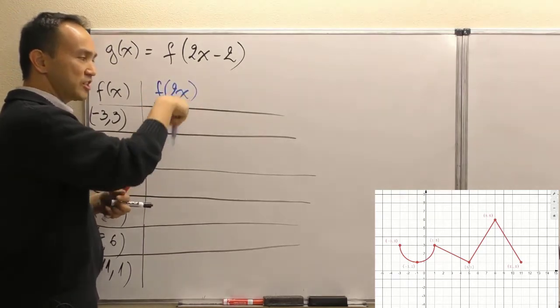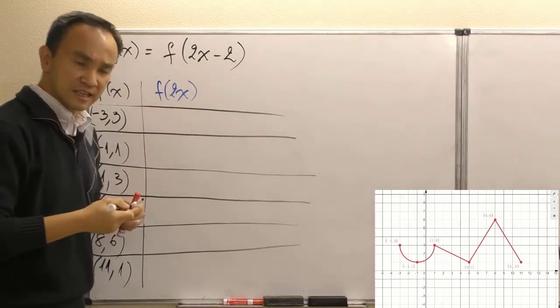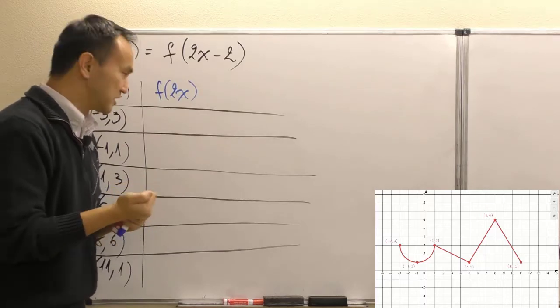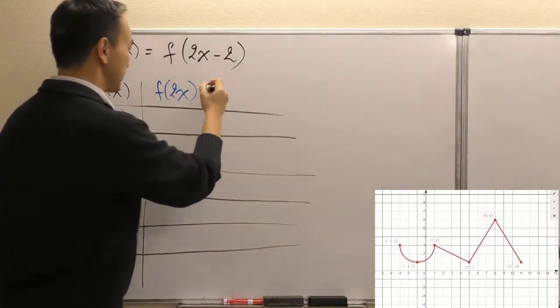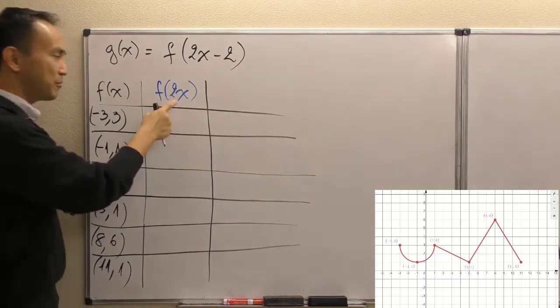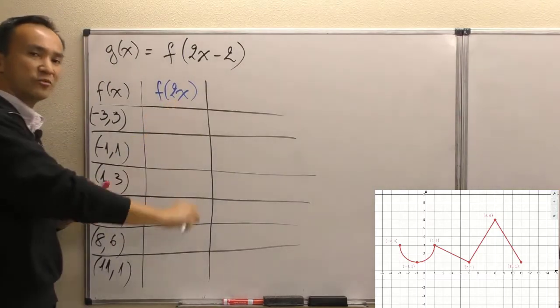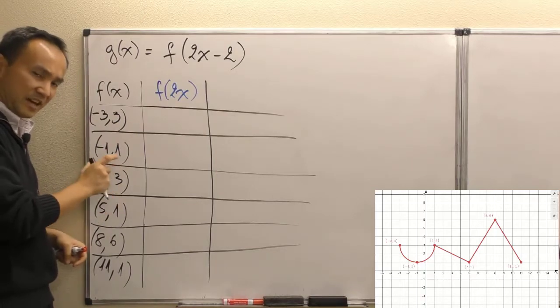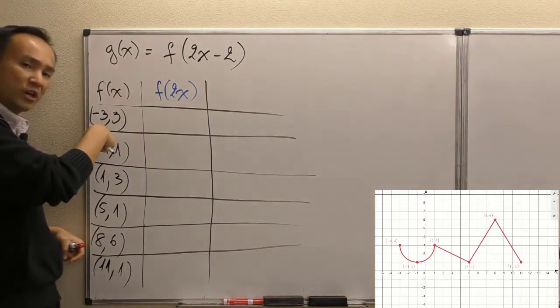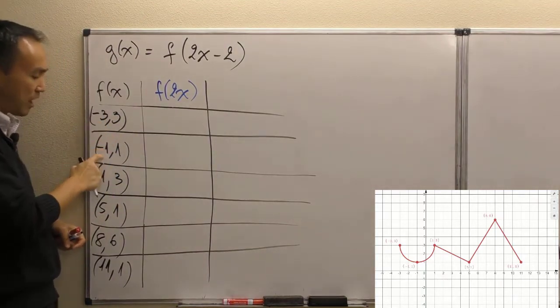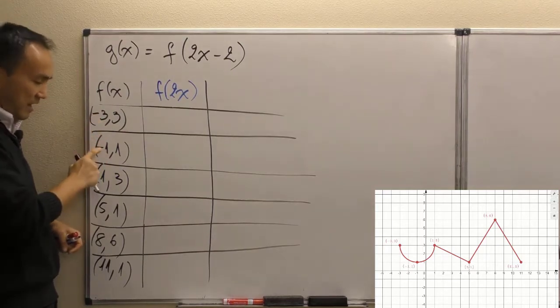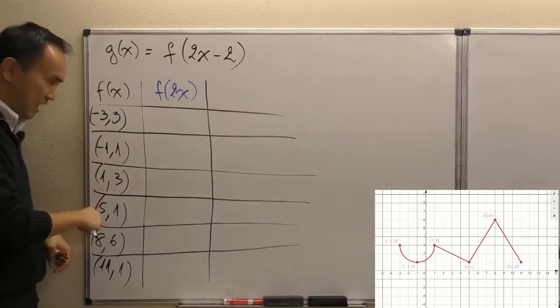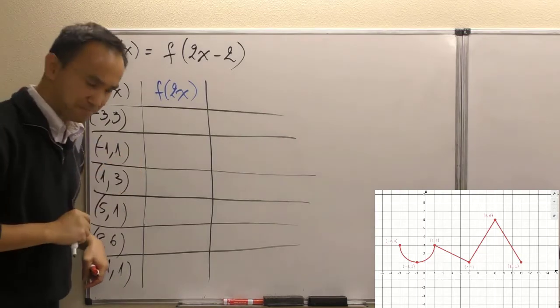Just like the advice I gave in the earlier lecture, to properly produce our transformation, for every guiding point before the transformation, we simply multiply each x value by a factor of 1/2, because this is 2 here.